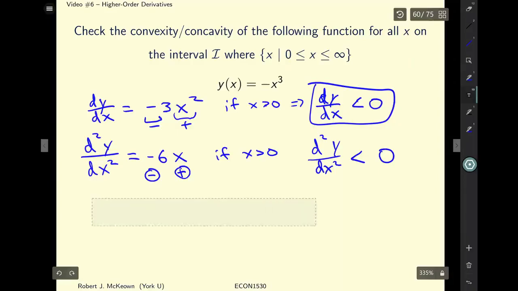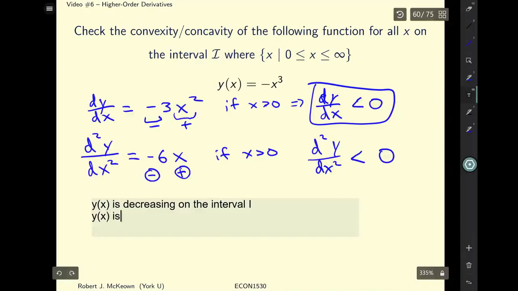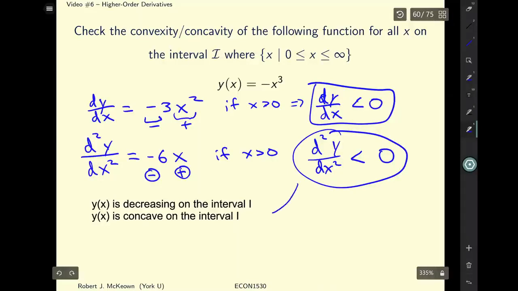And so we can say that y of x is decreasing on the interval I, and y of x is concave on the interval I. This is our definition of concavity.